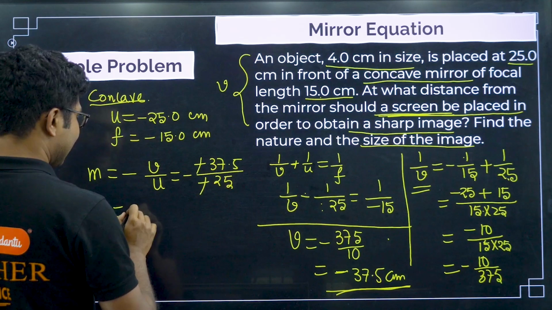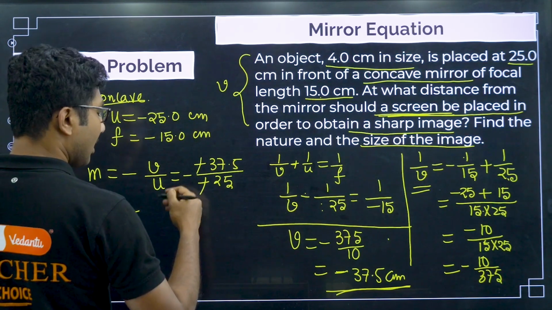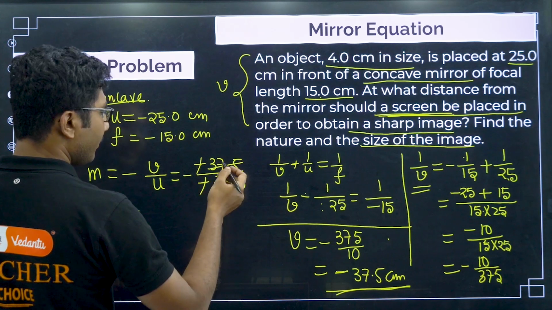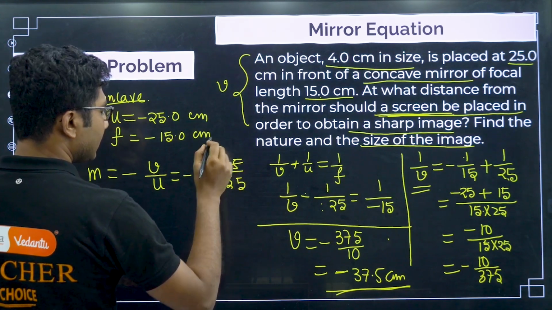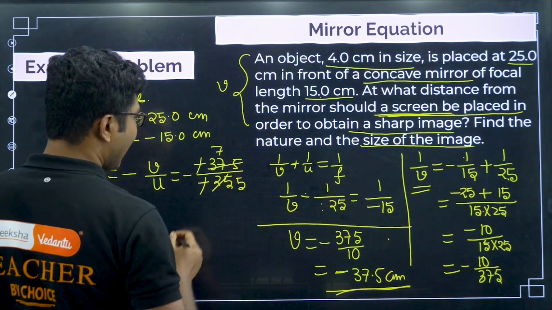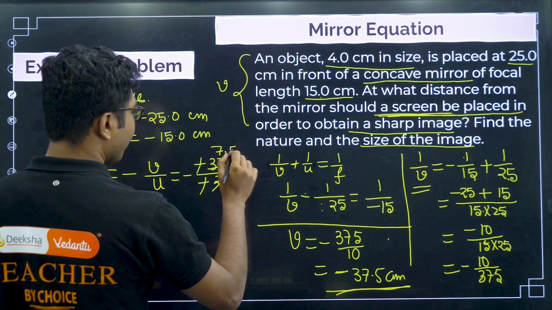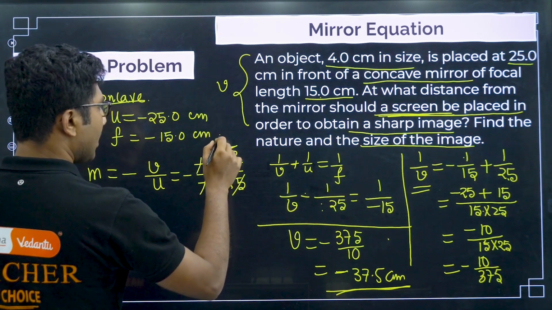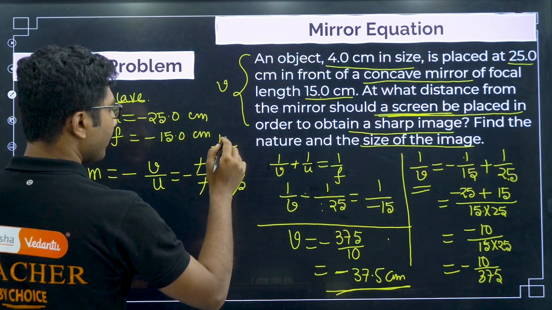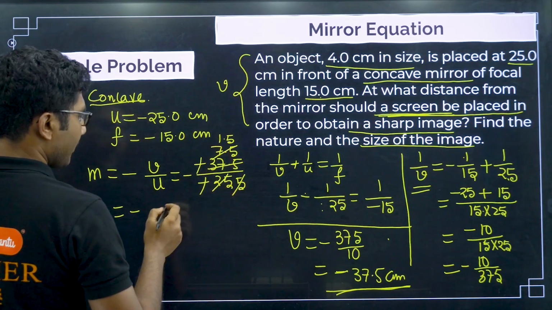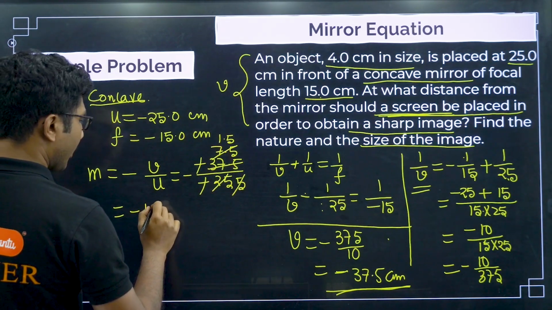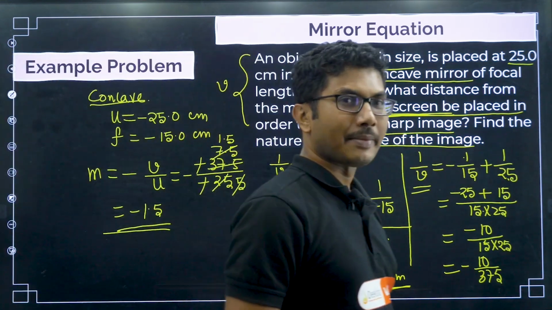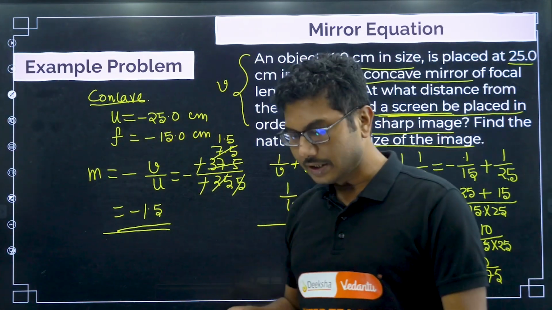So it will be minus, negative, and it will be more than 1. 5 7s are 35, then 0.5. 5 1s are 5, 5 5s are 25. So 1.5. So it will be minus 1.5. So it is a magnified image, and the negative sign in the magnification signifies it is an inverted image.